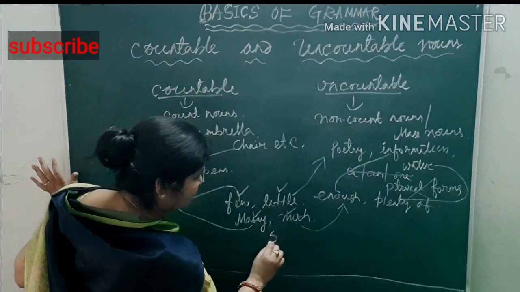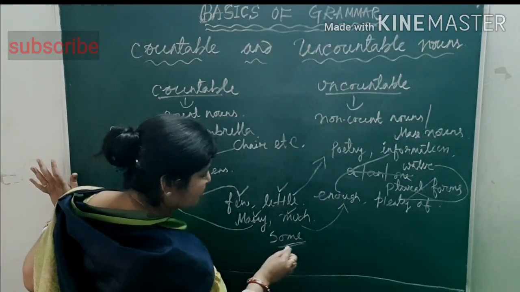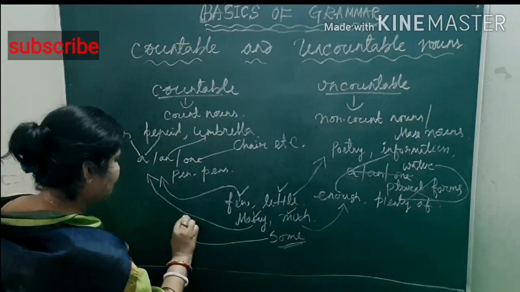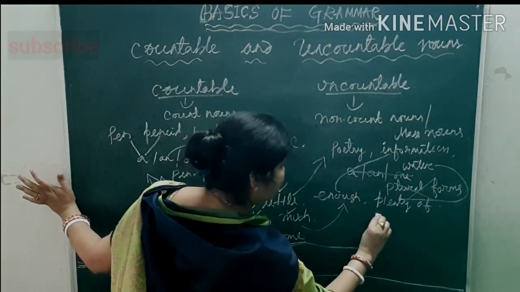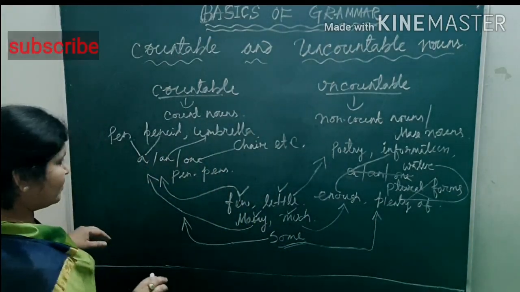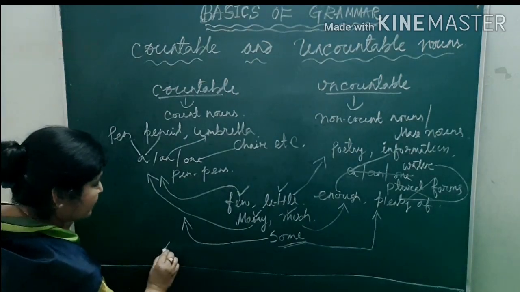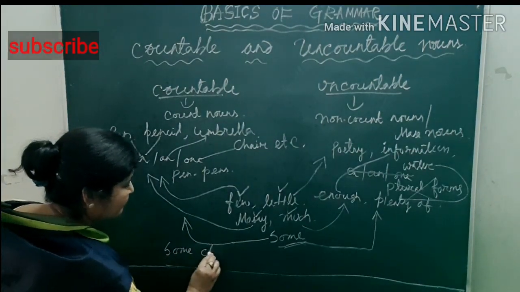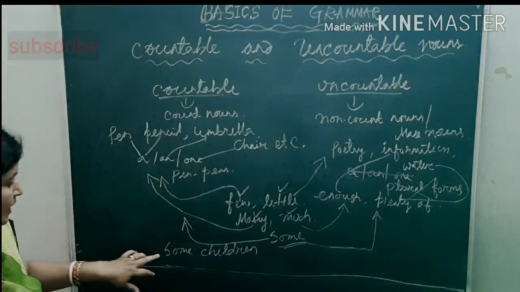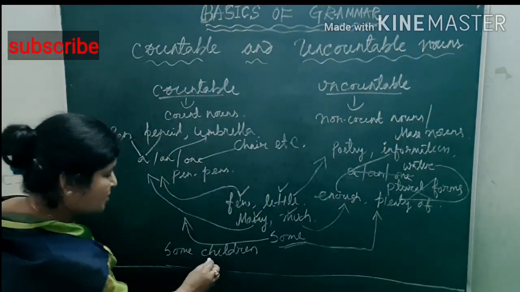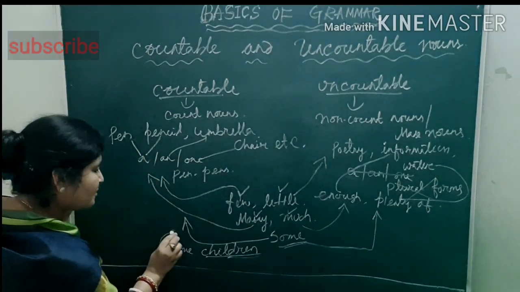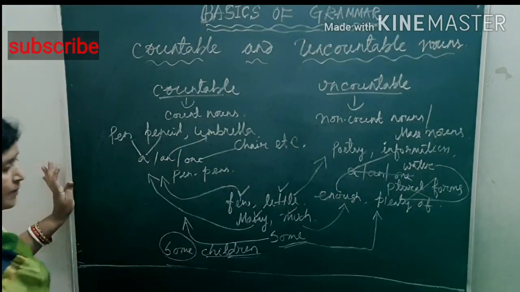But some is a word which can be used with both countable and uncountable nouns according to its use. For example, when we write some children, those children are countable, so some is used with countable nouns.